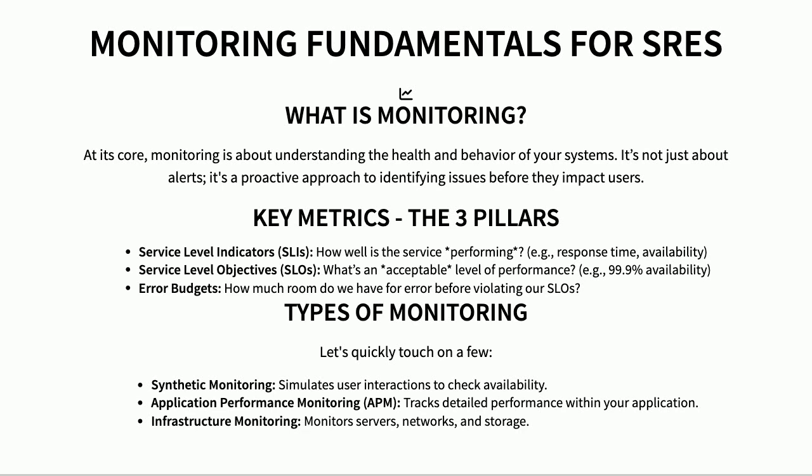Then we set service level objectives, essentially defining what's considered acceptable performance. And finally, error budgets let us know how much leeway we have before things start going wrong. There are different types of monitoring: synthetic tests to mimic user behavior, APM tools that dig into application performance, and infrastructure monitoring looking at servers and networks.